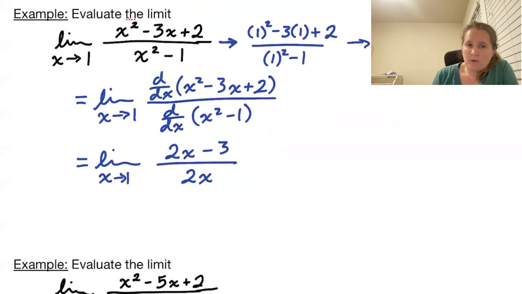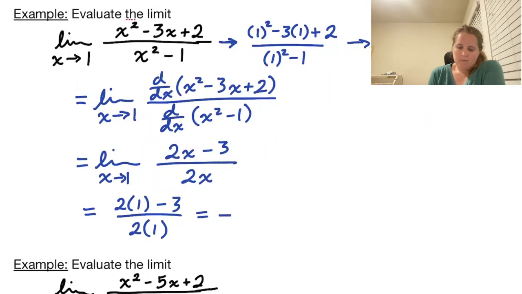And if we plug in 1 to this, we have 2 times 1 minus 3 over 2 times 1, otherwise known as negative 1 over 2.